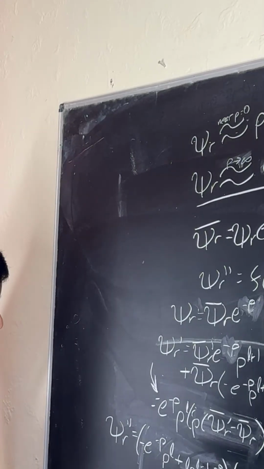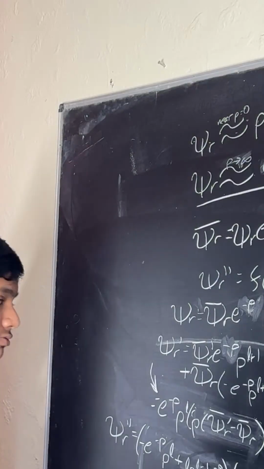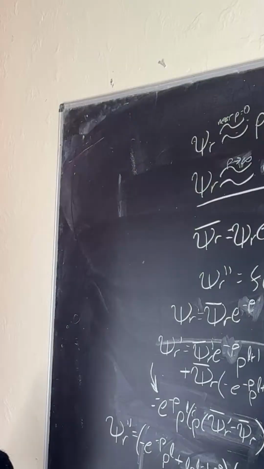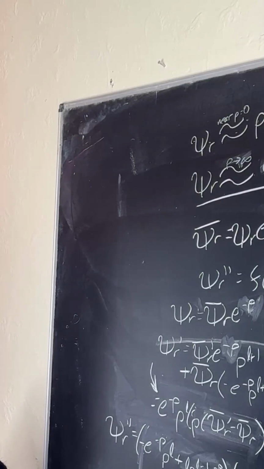So now what happens when we factor out e to the minus rho, rho to the L again? We get e to the minus rho, rho to the L minus 1. Or let's factor out e to the minus rho, rho to the L minus 1 this time. We get minus rho plus L, so we get L minus rho in this container.